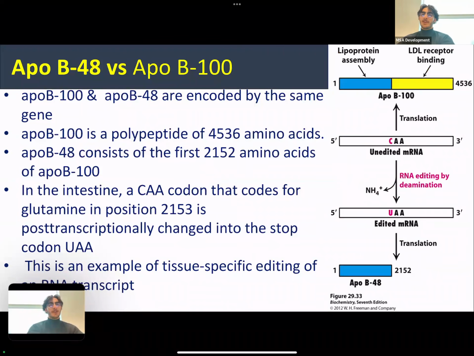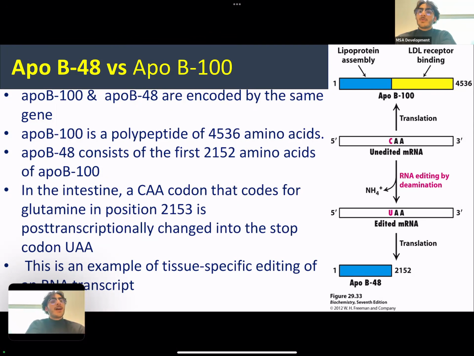So ApoB48 versus ApoB100. All we have to remember from the slide is that ApoB48 is basically a part of ApoB100 that had a CAA codon that was post-transcriptionally changed into the stop codon UAA.